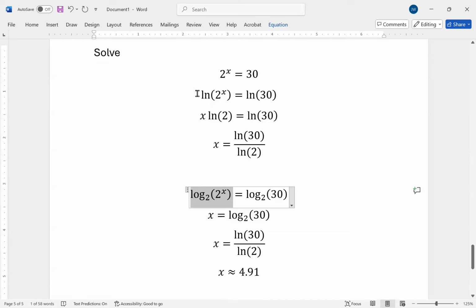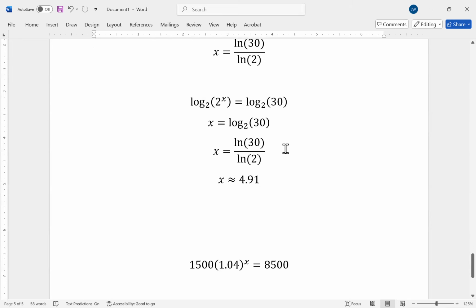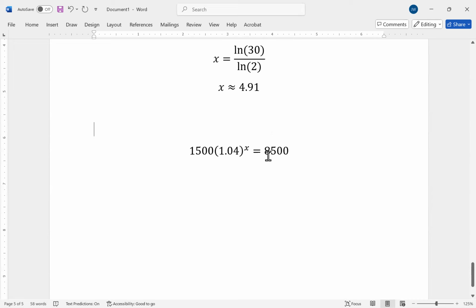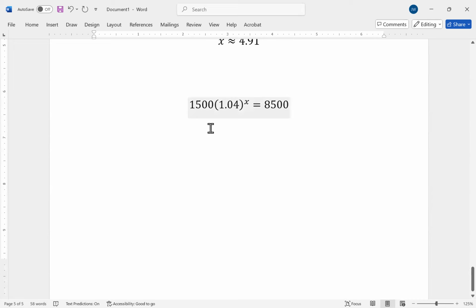If I take natural log of both sides, then the property that I use is the power rule for logarithms, which tells me I can take the exponent out front and then have x times natural log of 2, or whatever base we have. So that's how I can do it. Now we have two options in solving these types of equations, and they're really not much different from each other.